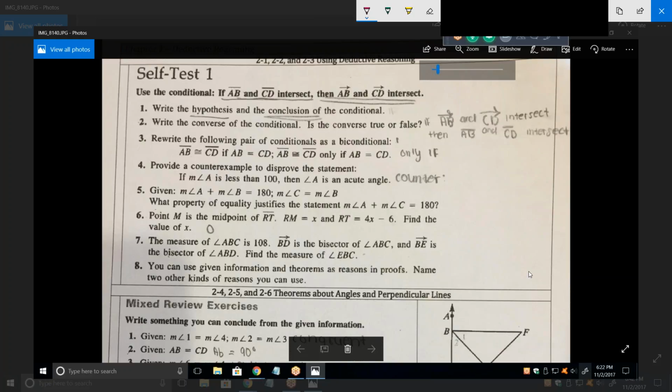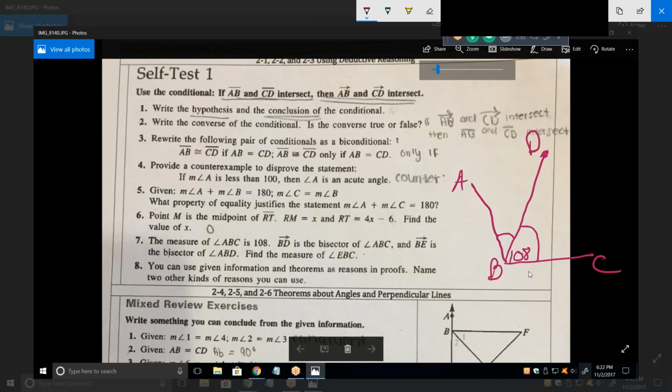Number 7. Measure of ABC is 108. Let's draw it like this. And ABC. BD is the bisector, making that angle equal to that angle, making each of those angles what?